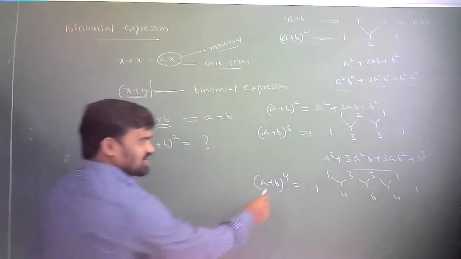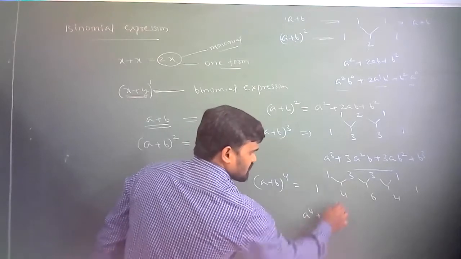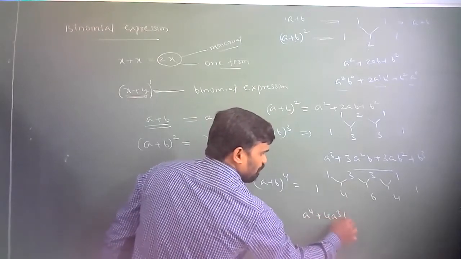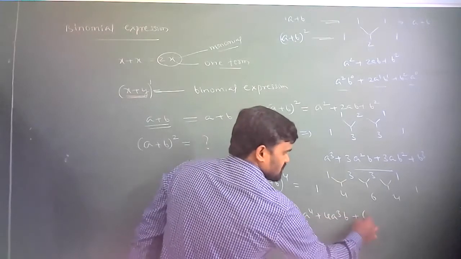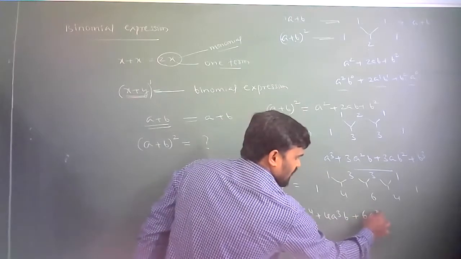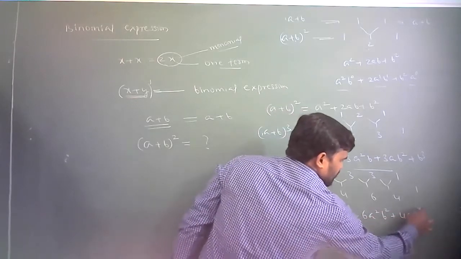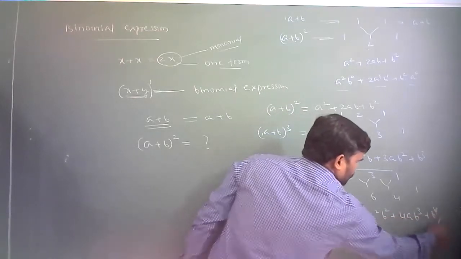Now the expansion of a plus b whole power 4 is a power 4 plus 4a cube b plus 6a square b square plus 4a b cube plus b power 4, with the exponent of a decreasing by 1 each time.